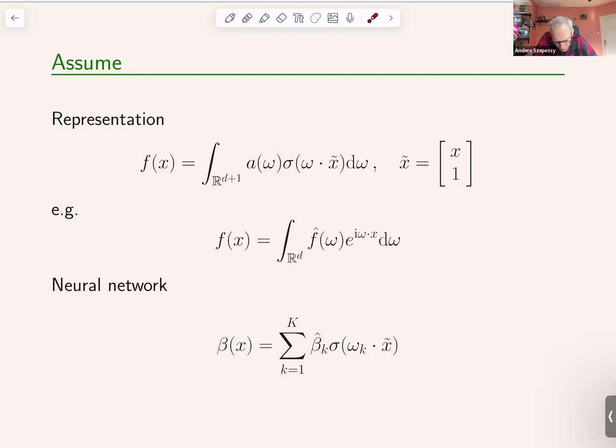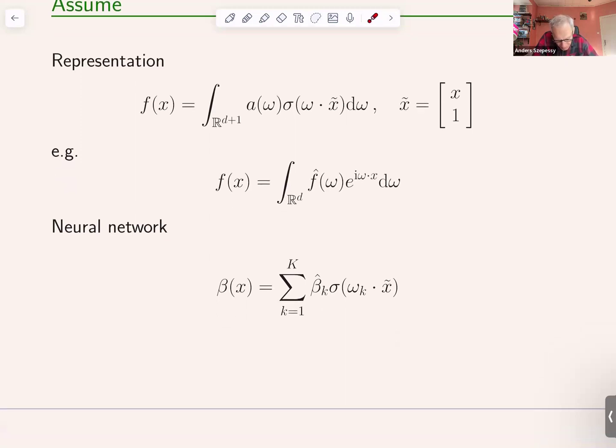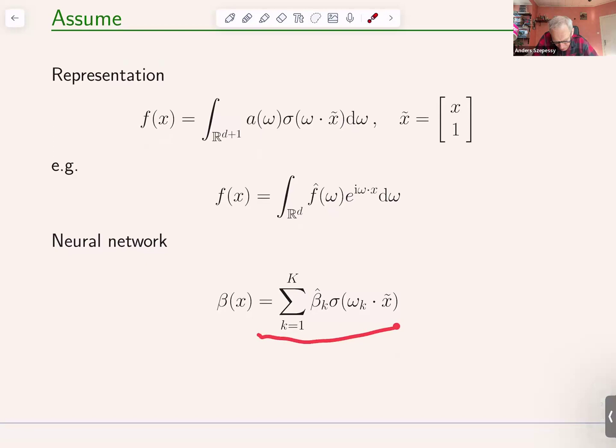For instance, if we would use the trigonometric activation functions, we could use the Fourier representation to have such a representation. In general, for any activation function, it is not always easy to find the representation, but we assume we have such a representation. And then we form a neural network ansatz, beta of x, which is given by K nodes.